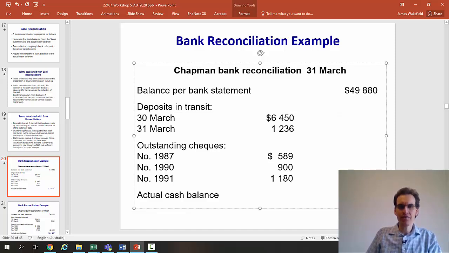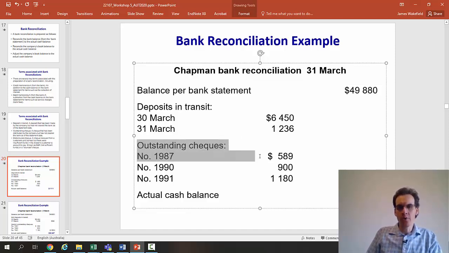The next one, on the 31st of March, which was the day where we reviewed our bank statement balance, we also deposited, say in the form of a check, $1,236. The bank has obviously yet to process that because usually checks take a couple of days for the bank to check whether the amount is available in the issuer's funds, and therefore transfer those funds to your account. So we add the deposits in transit to the bank statement balance at 31st of March.